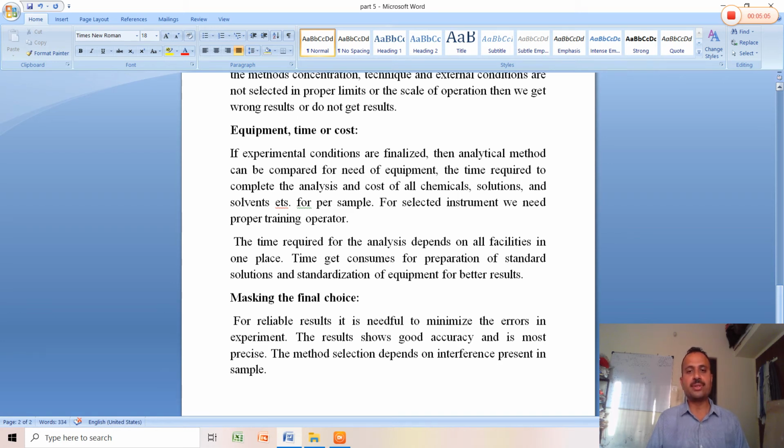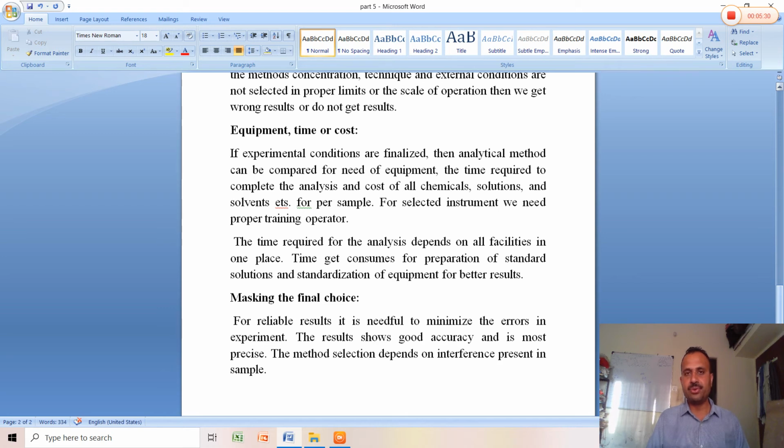For this purpose, for the selected instrument, we need a properly trained operator. Once the instrument is selected, that is, the equipment is there, it is very essential that a proper trainer be available for the equipment or instrumentation. The time required for the analysis depends on all facilities provided in one place.